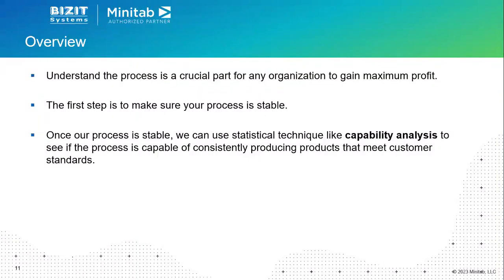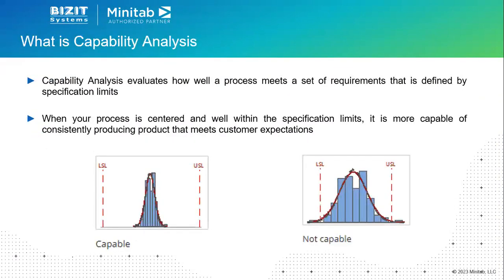Or sometimes you see this diagram. Okay, it's a simple one. It's a histogram, which we already learned in secondary school. So today we want to compare our process with our specification limits.